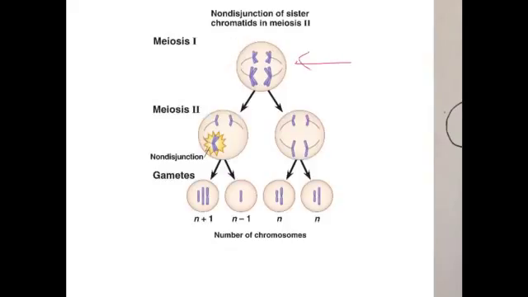You can see here that the homologs do separate as they should in meiosis 1, but in meiosis 2, this little X didn't pull apart here. The sister chromatids stayed stuck together and both went to one side.